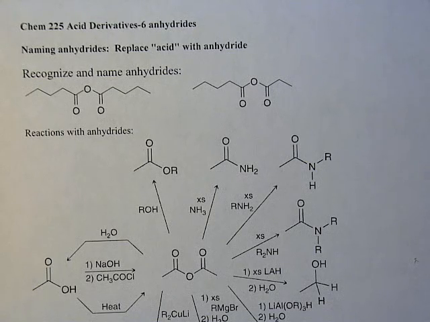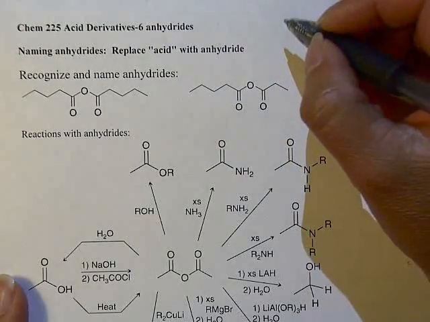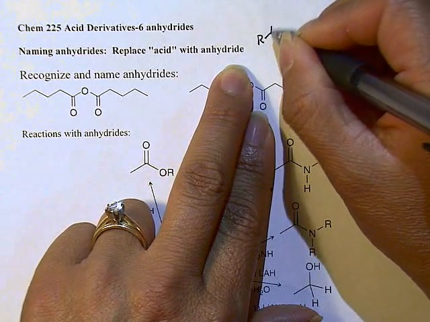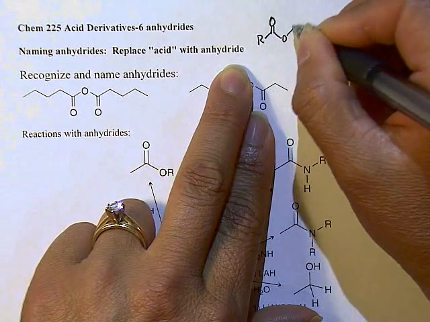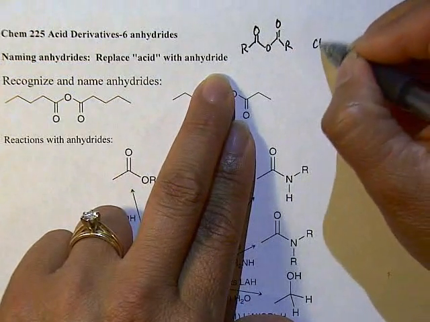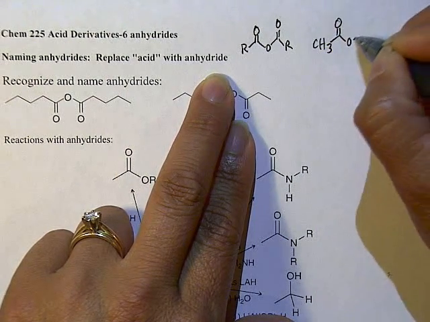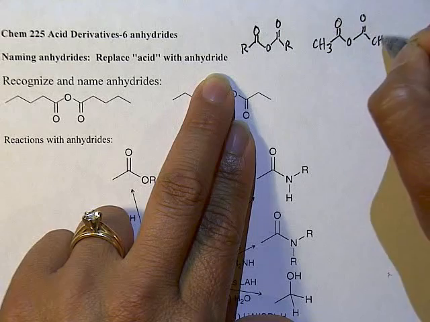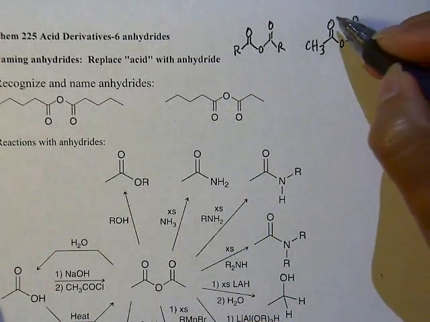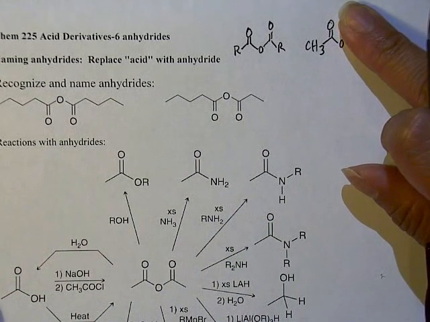So if you're naming a symmetrical anhydride, in other words, you have the same R group on both sides, let's just do a specific example. If this wasn't there and it was OH there, how would you name that acid?